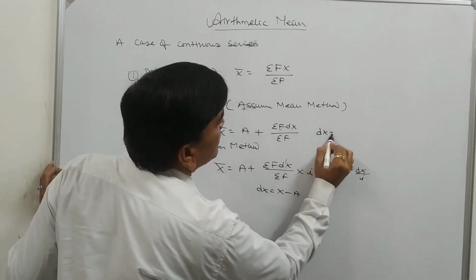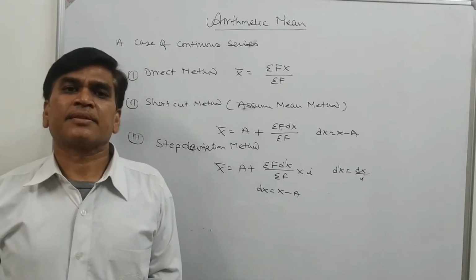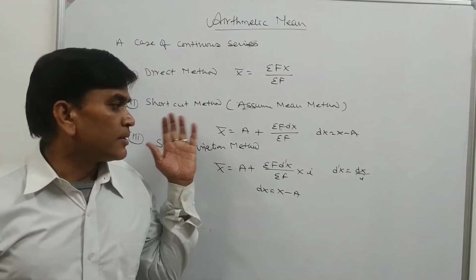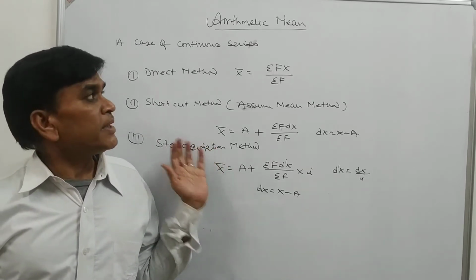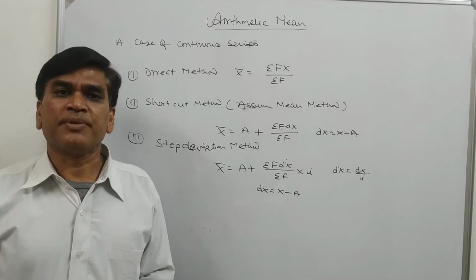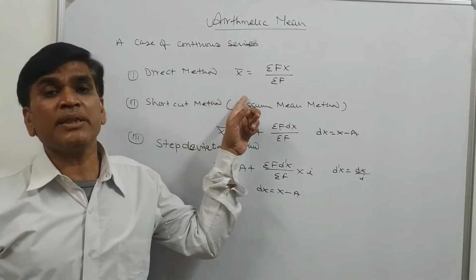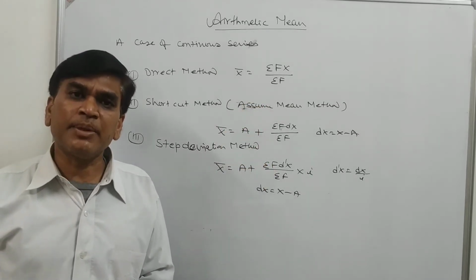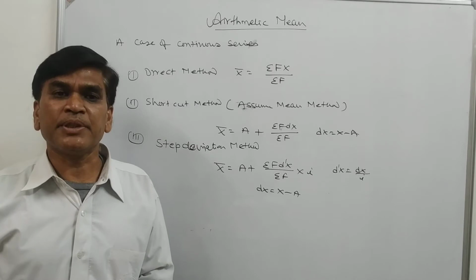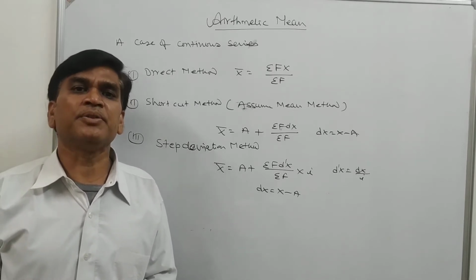Here also dx is equal to x minus a. We already discussed the formulas for the arithmetic mean in the first video. In today's problem, we will solve two questions of the continuous series using all three methods, so you can learn all three and select whichever you feel is the easiest.